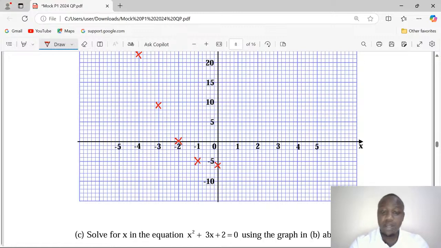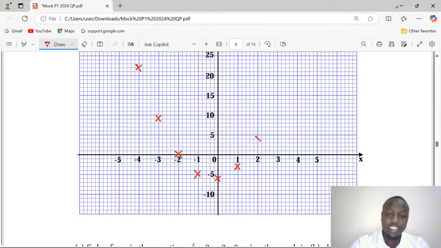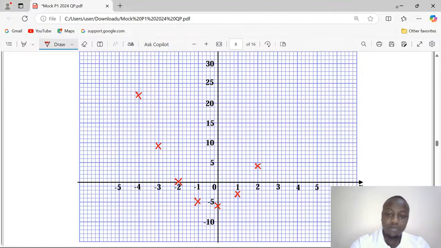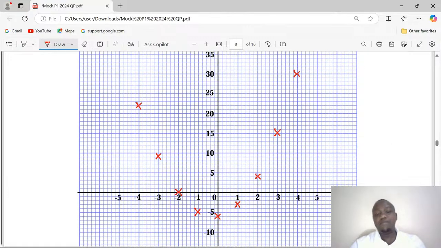At +1, we have -3. At +2, we have 4, just below 5. At +3, we have 15, that point. Then at +4, we got 30. So all the coordinates have been plotted.